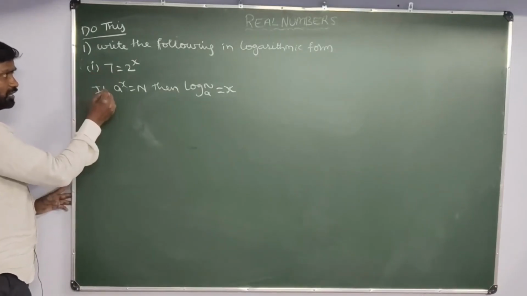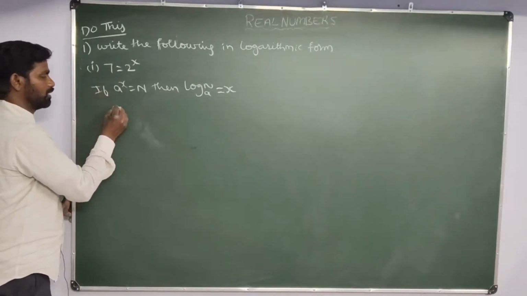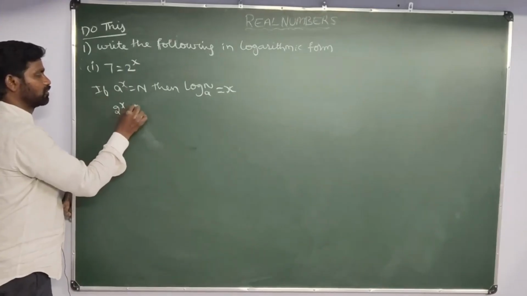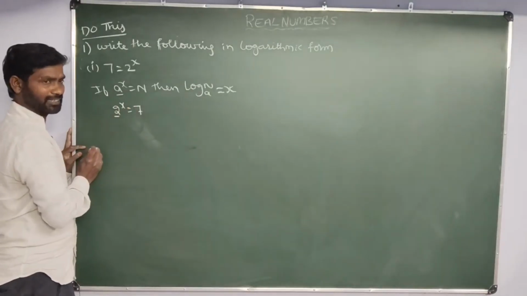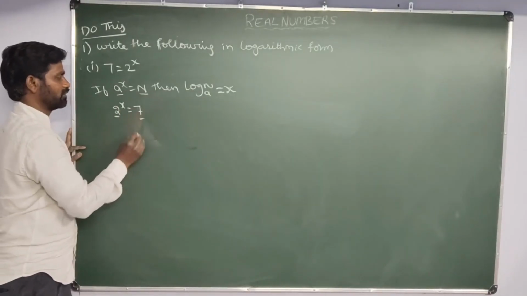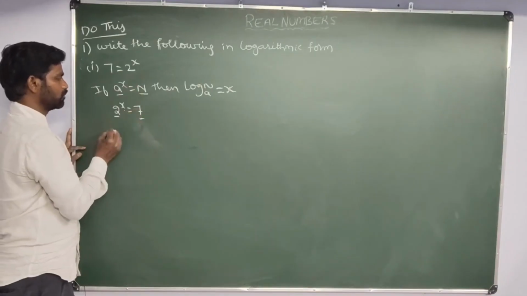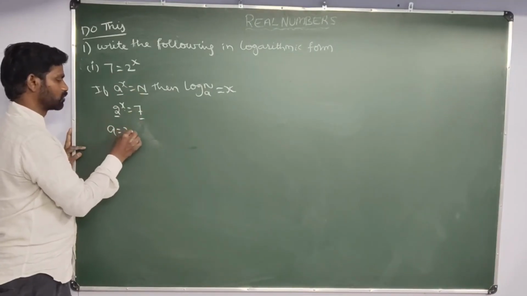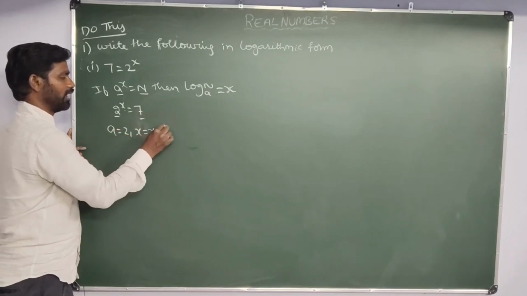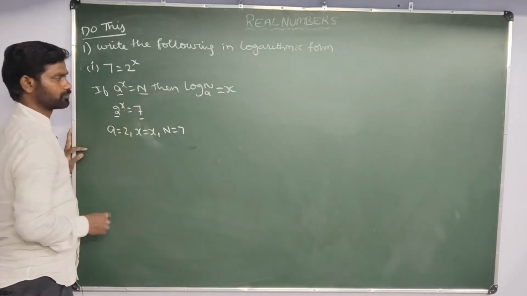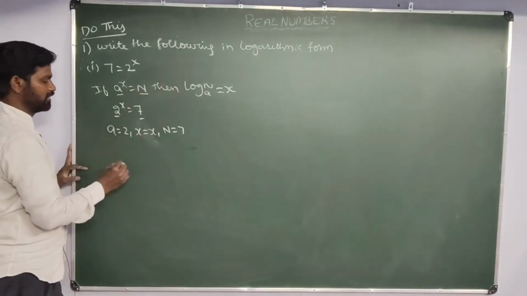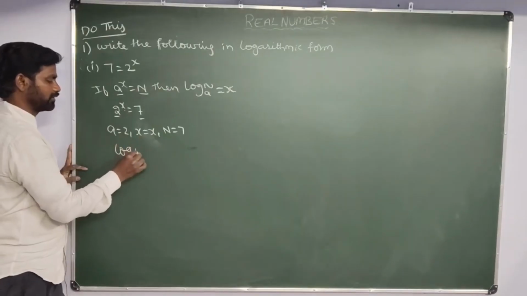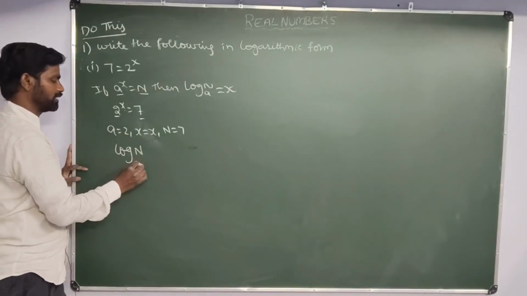So what is the question? 7 is equal to 2 power x. So what do I write? 2 power x is equal to 7. Now observe here, what is the a value? It is 2. What is the n value? It is 7. And the x value is x only. So you write here a is equal to 2, x is equal to x, and n is equal to 7. Okay, then according to the definition, what do we have to write? We have to write in the logarithm form, that is log n base a is equal to x.